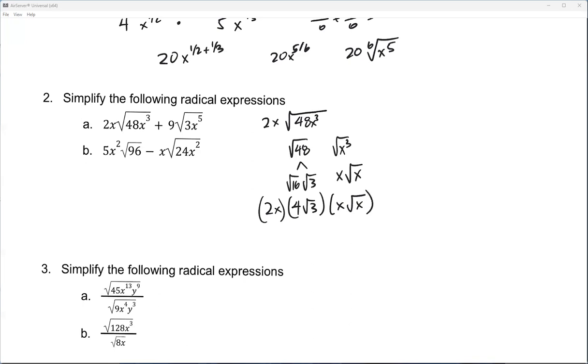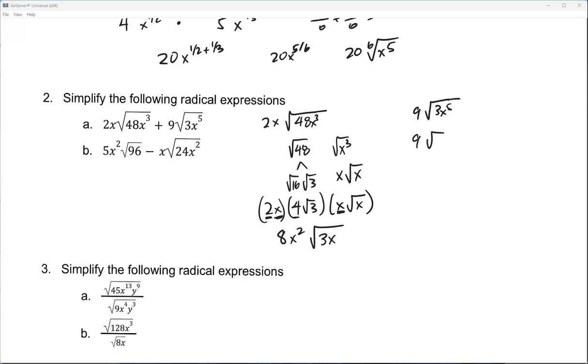So when you combine it together, 2 times 4 is 8. x times x is x squared, right? And then radical 3x. Then when you do 9 radical 3x to the 5th power, this is 9 radical 3.